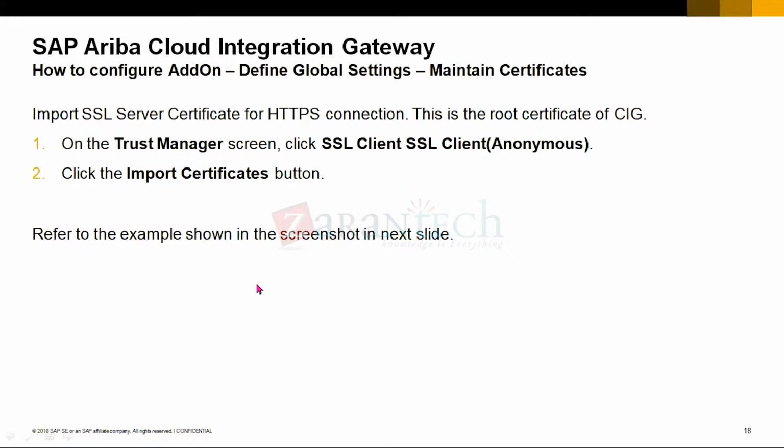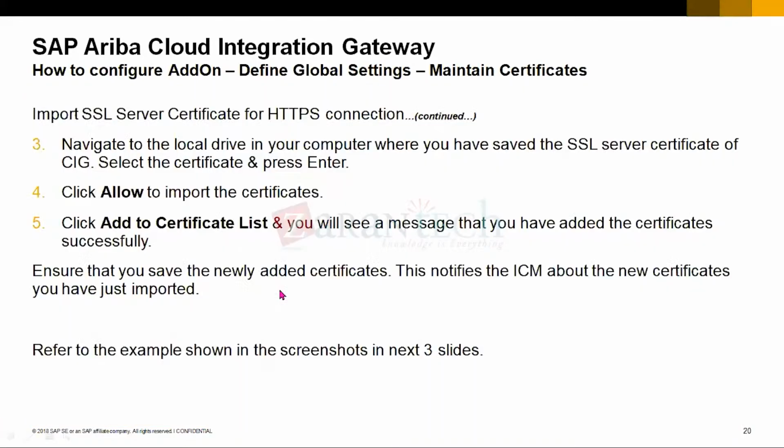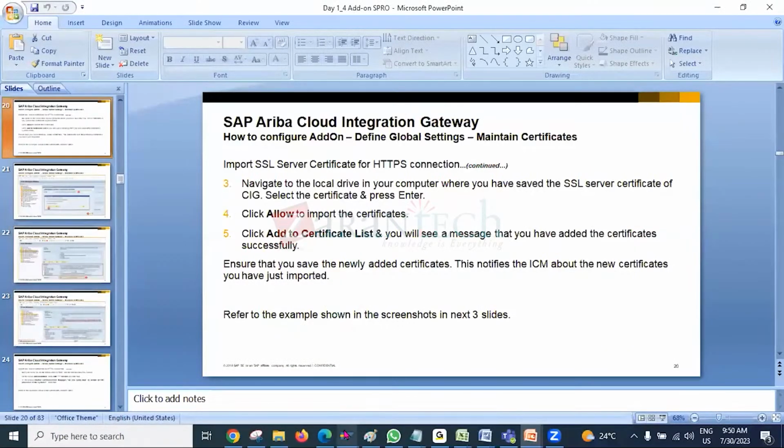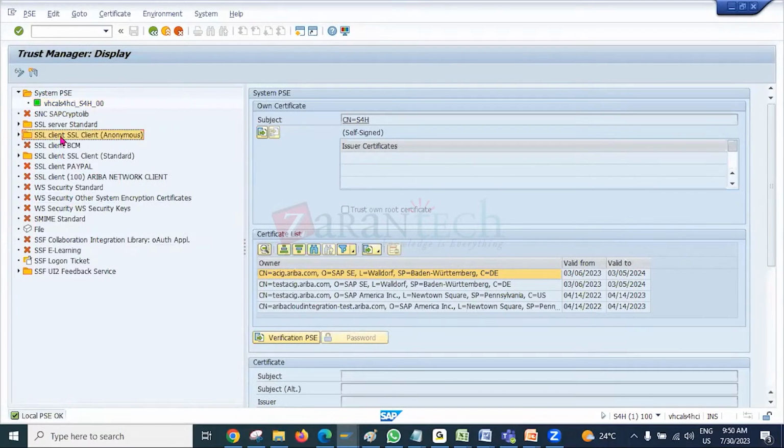So in this case, what process are they following? They have to come here. They have to click on this SSL client anonymous. And once they click on this, you can see the second step is talking about this option. So if I'm not wrong, if I go to my ERP system once again, here we can see we have the node SSL client anonymous, right?